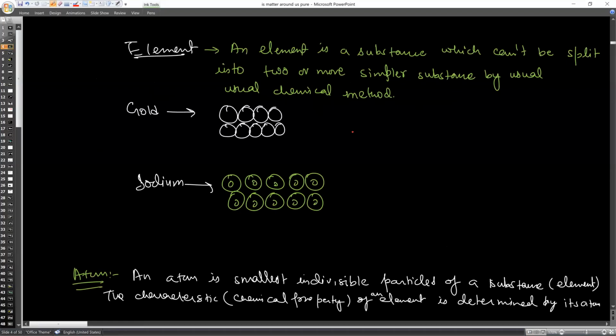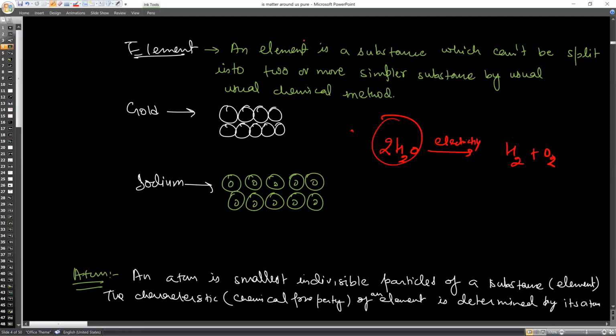Like iron: you can break an iron strip, but it still has iron atoms. You cannot convert iron into aluminum. But a compound like water can be split by passing electricity, by chemical methods, into hydrogen and oxygen. So splitting is possible in compounds, not in elements.